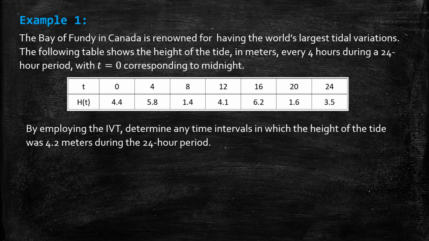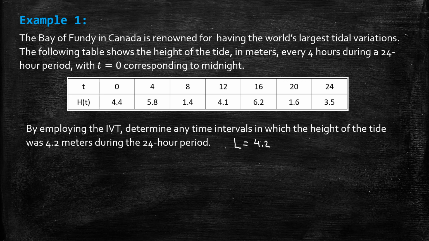By employing the IVT, determine any time intervals in which the height of the tide was 4.2 meters during this period. In this case, that magic number L we were talking about in the description of the IVT is 4.2.